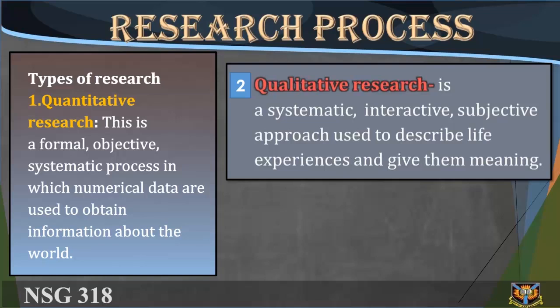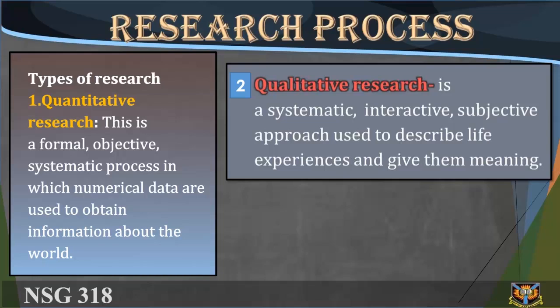This type of research method is used to describe variables, examine relationships amongst variables, and determine cause and effect interactions between variables. It is currently the predominantly used method of scientific investigation in nursing. The types of quantitative research are descriptive research, correlational research, quasi-experimental research, and experimental research.